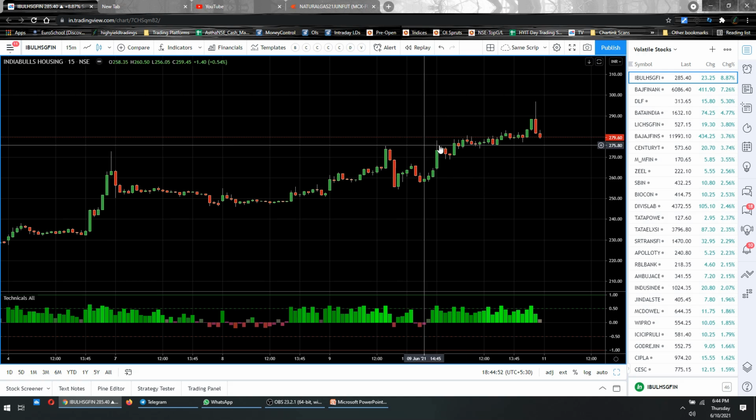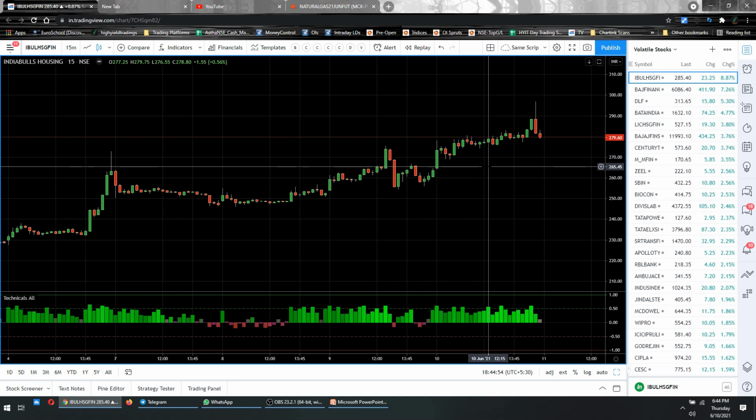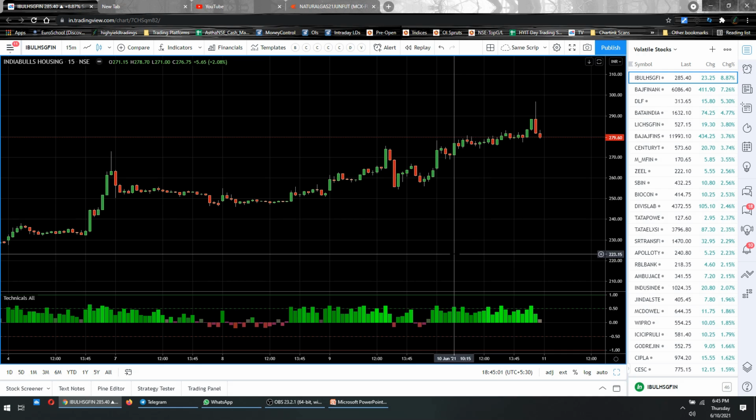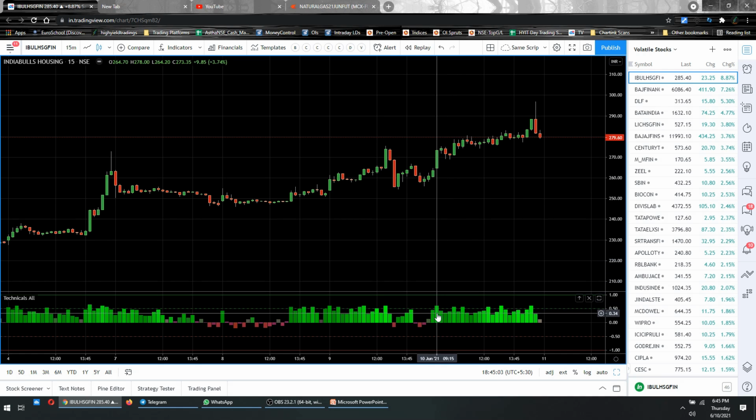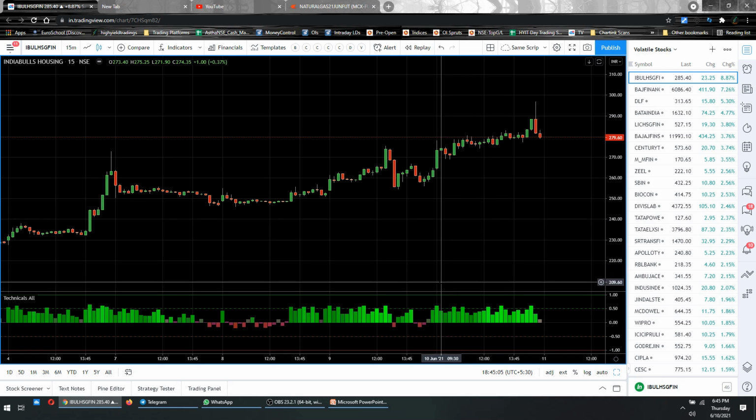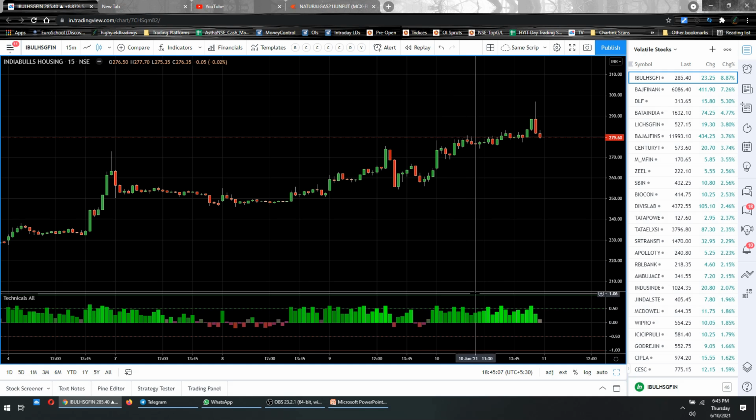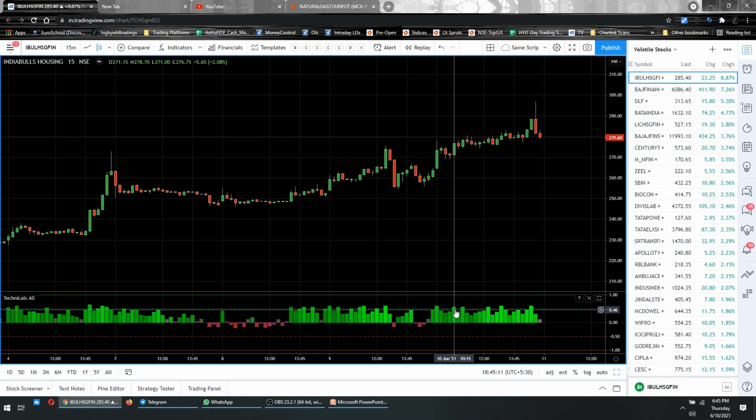Once you get a hint of where the stock is moving, the second thing you need to do is find a histogram. It is moving up, so you need to find a green histogram which crosses the plus 0.5 mark.